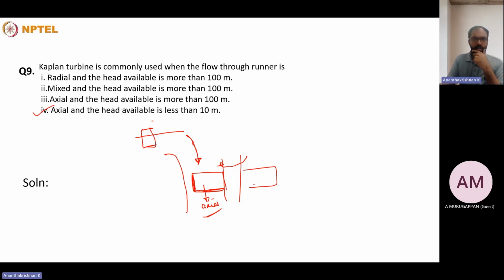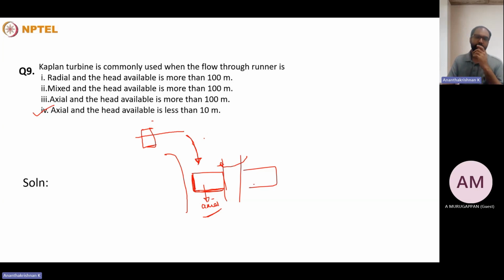The maximum possible head is possible when the inlet tangential component is maximized. As we have seen in the previous case, the head depends upon the inlet component as well, so it is U1 into C theta 1.